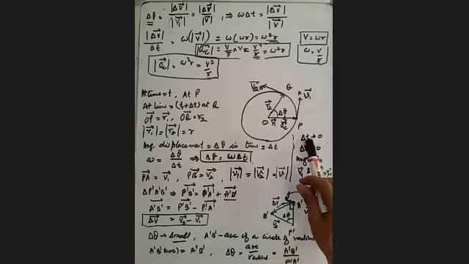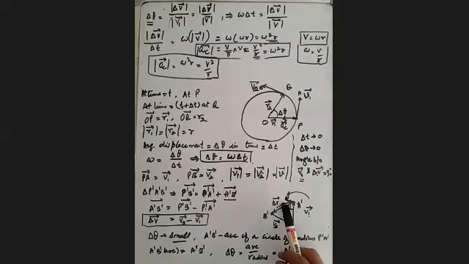Now, as delta t approaches 0, delta theta also approaches 0. The point B' comes close to A', so the vector A'B' becomes perpendicular to vector P'A'. That means the change in velocity vector becomes perpendicular to the velocity vector at point P'.